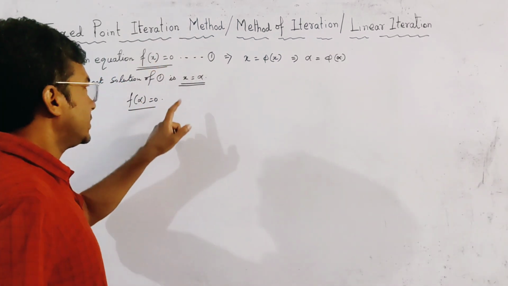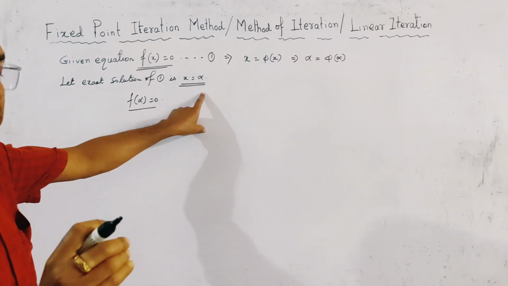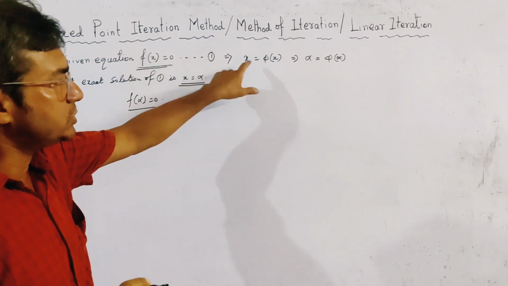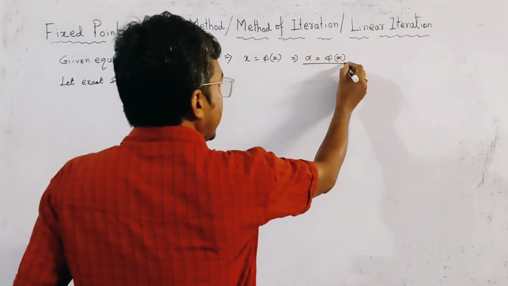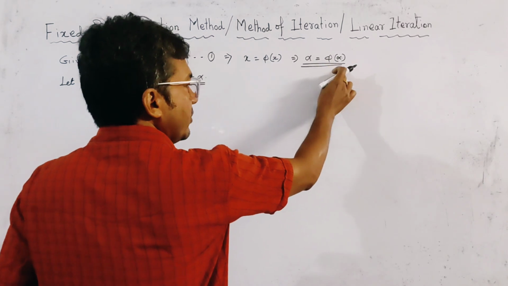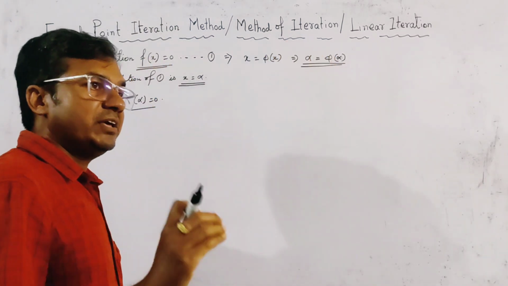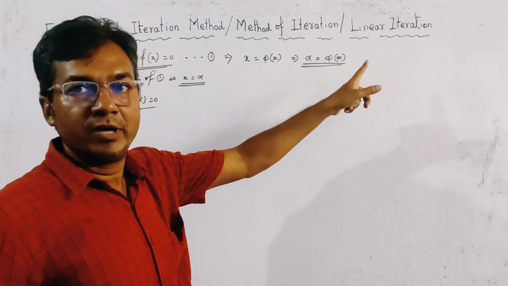So x = alpha is such a point for the function phi. Here alpha is a fixed point, because alpha = phi(alpha), and the definition of a fixed point is given by alpha = phi(alpha).